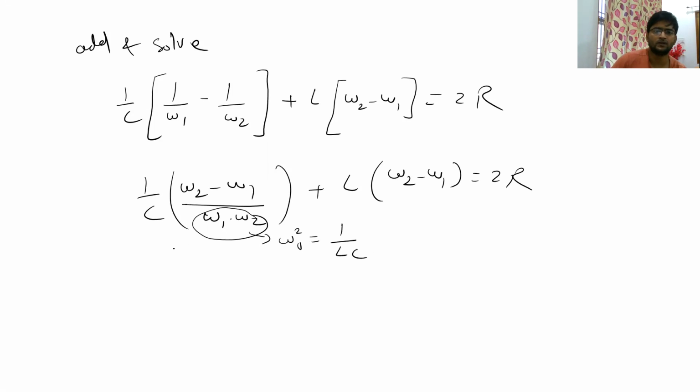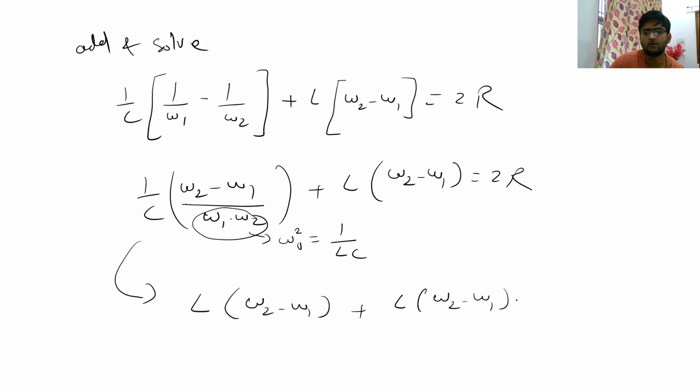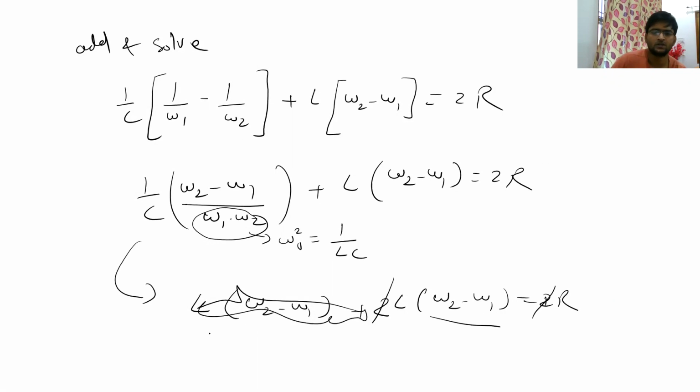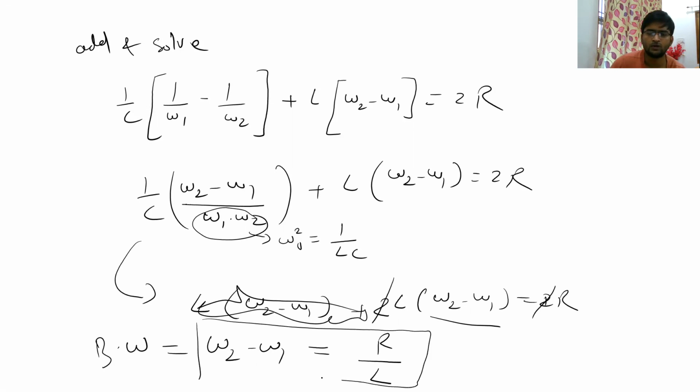So from here you will get L into (omega 2 minus omega 1) plus again L into (omega 2 minus omega 1) is equal to 2R. So these two are the same, so it will basically become 2 times, and you can cancel this out, so you will get omega 2 minus omega 1, which is basically the bandwidth, equal to R divided by L. This is a very important outcome.